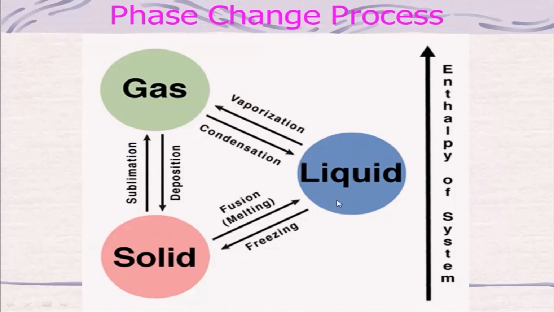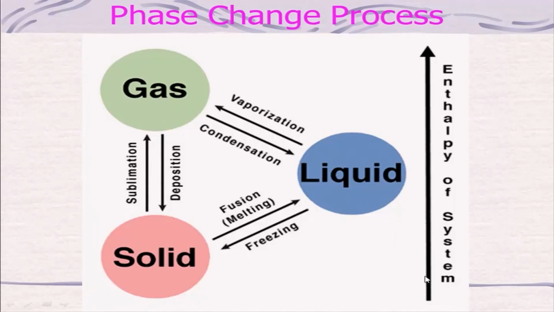When heat is extracted from the liquid, we get freezing. We know nowadays it is very hot, and water is converted to ice by this freezing process. Similarly, liquid can be vaporized into gas by adding energy, and the gas to liquid phase change process is known as condensation.